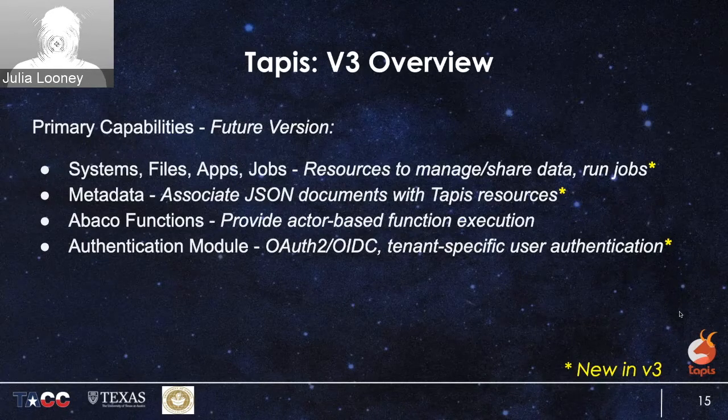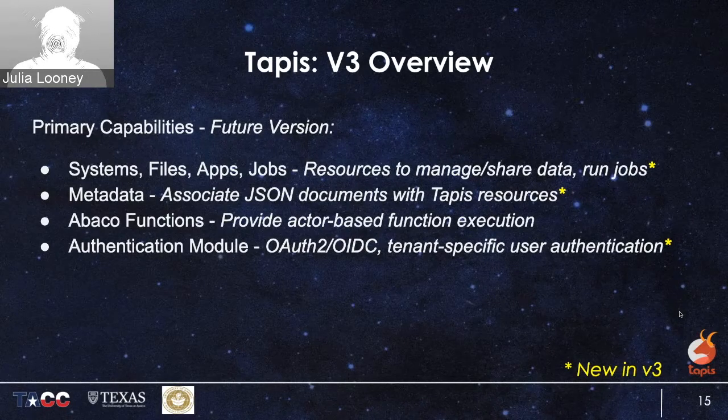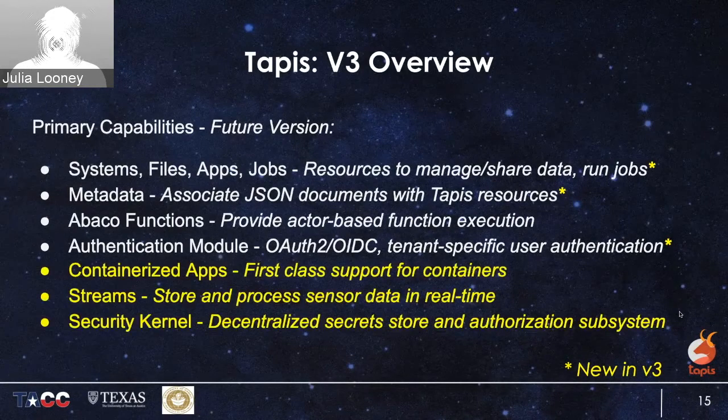But all those are being completely rewritten, and not only their code, but their logical design is also changing. The actor-based Abaco functions are going to be evolved, so we're basically using the same code base there. In addition to a lot of rewriting and rethinking of existing capabilities, we're introducing some new capabilities.